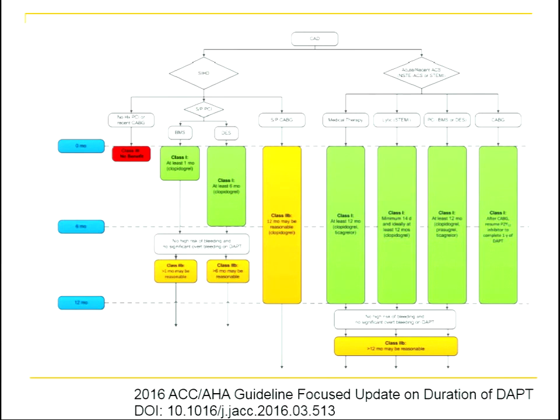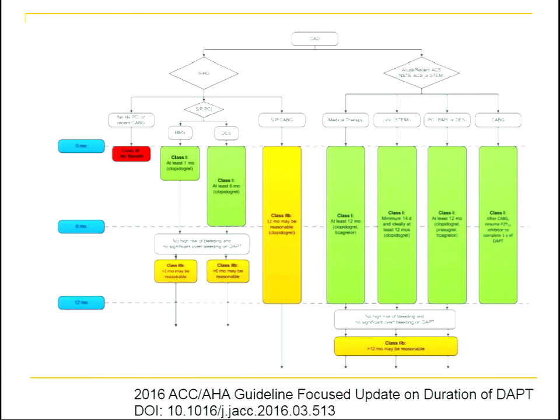And the reason, remember, it's very important, the reason we're using dual antiplatelet therapy is not to reduce risk for death. It's to reduce the risk of stent thrombosis. And so now we're at a time where, if a drug-eluting stent is placed, and it used to be 12 months, you can get away with a shorter period of time, maybe 6 months, as long as that patient was elective, it wasn't an ACS.